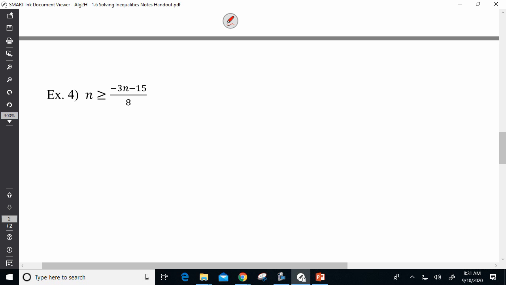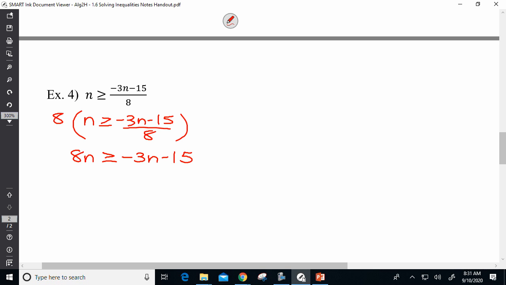So we can take the inequality. Again, don't feel that you have to rewrite the problem. I'm only doing it for explanation purposes. Multiply both sides by 8. Again, we're getting rid of the fraction. 8 times n is 8n, greater than or equal to. The 8's cancel out, so you're left with negative 3n minus 15.